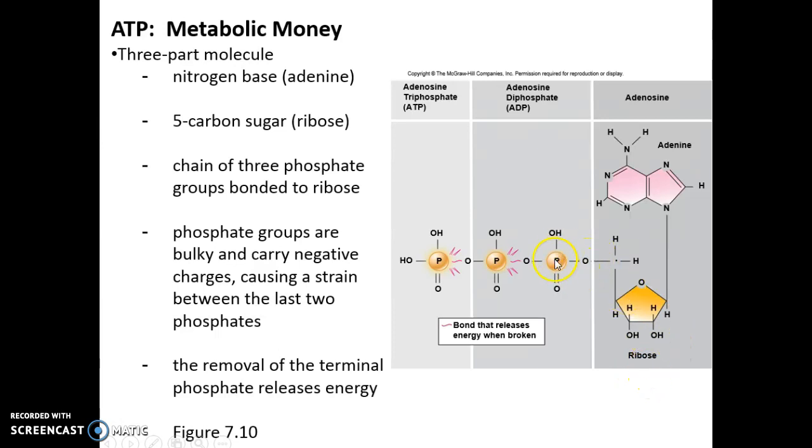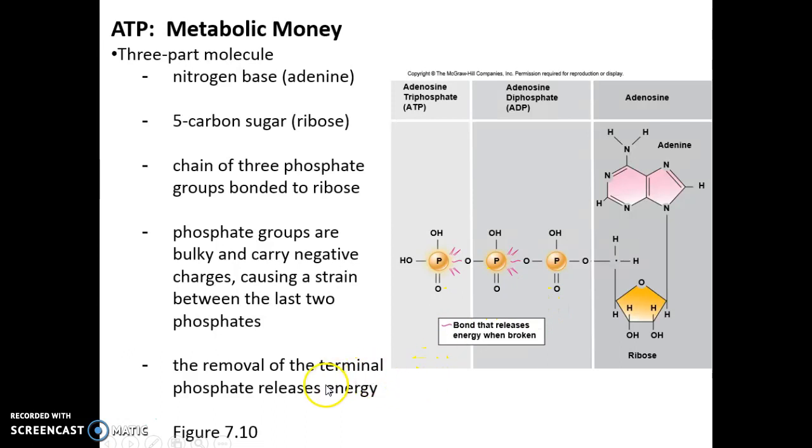And then you have one phosphate group, and you can have another phosphate group that locks onto the first one. If that's the case, you have adenosine diphosphate. Add a third phosphate, then you have adenosine triphosphate. So it's a chain of these phosphates.